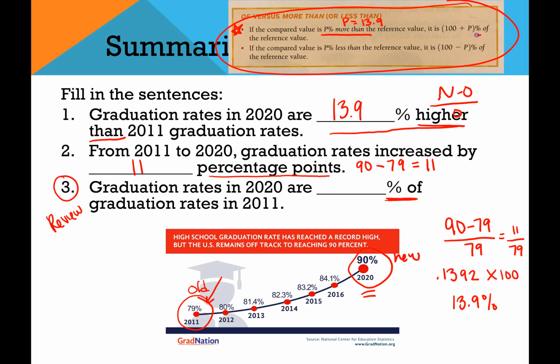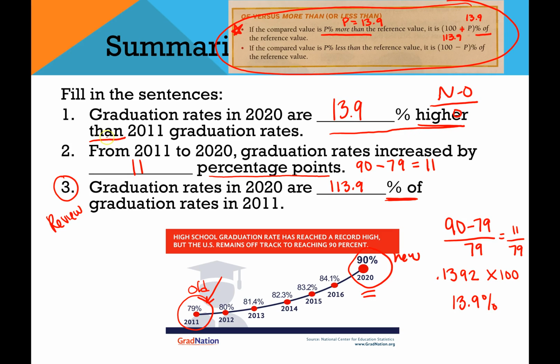So if I want my percent of, I would throw my 13.9 into P. And 100 plus 13.9 is going to give me 113.9% of. And so you can see how the wording is really complicated.